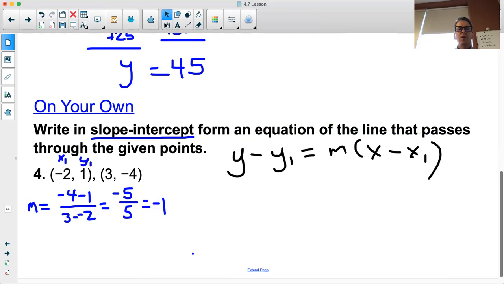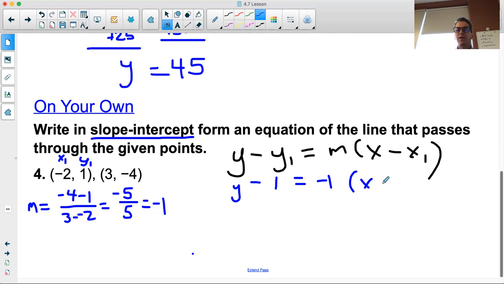And then as we move forward with this, we'd have y minus the y1, which is 1, is equal to m, which is negative 1, times x minus the x1, which in this case is negative 2. Okay, so I picked this point. You could definitely pick this point, and you'd have an equivalent equation.